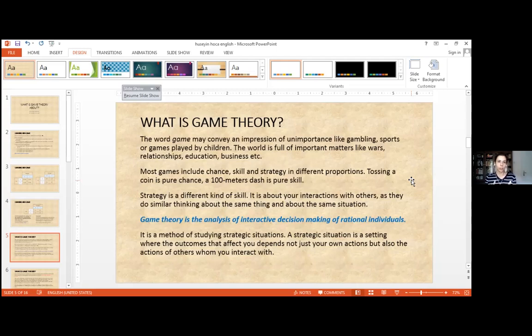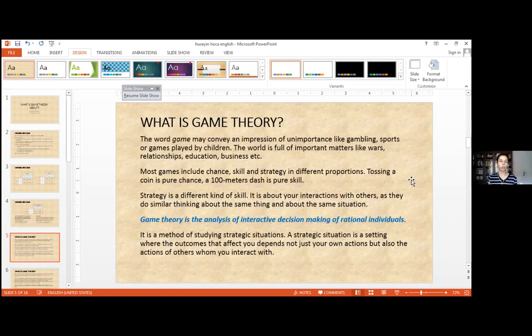When we are talking about the word game, we may get the impression of gambling, sports, or childish games. But since the world is full of important stuff like wars, which we are experiencing now, or relationships, education, business, game theory actually involves these too. It helps us understand these weighty matters. Most games include chance, skill, or strategy in different proportions.